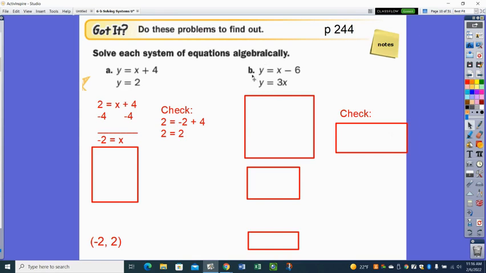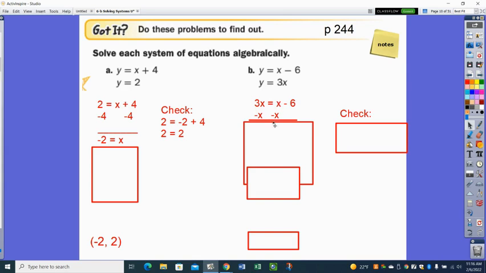So the top y is going to become 3x because y equals 3x, so I can make that substitution, and it's now a variable on both sides. So you can either go left to make your zero pair or go right. I'm going to subtract x from both sides, and I get 3x minus x, which would be 2x on the left.